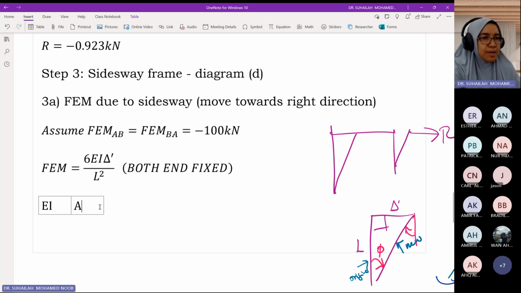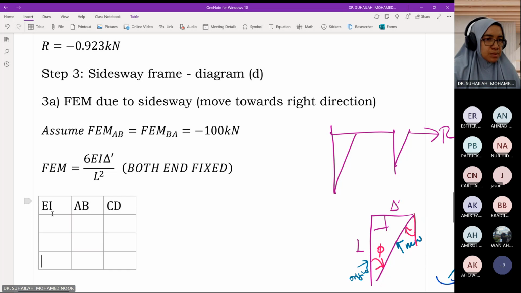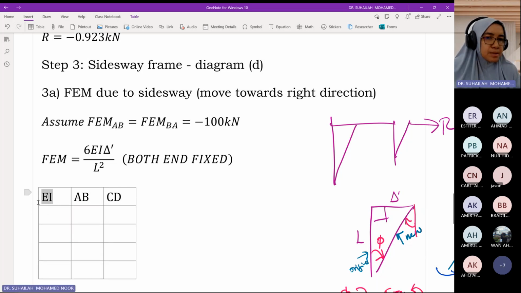So member AB, member CD. Okay, EI is here. Look at the formula, the unknown in the formula.